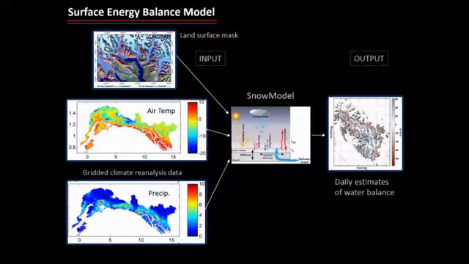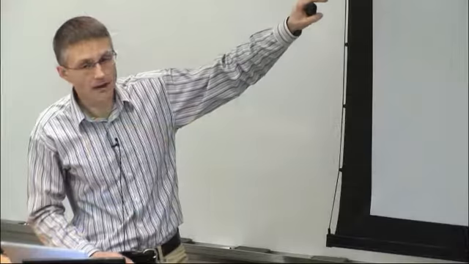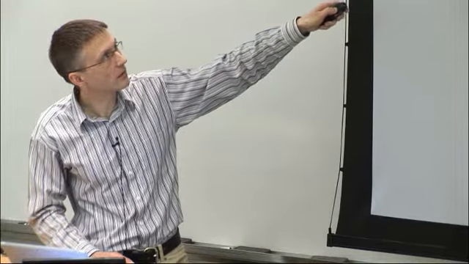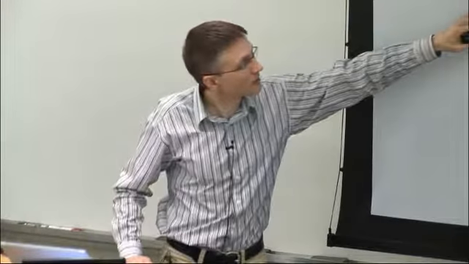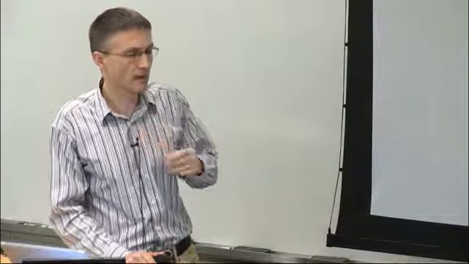So here's a picture of how that sort of works. The input to the model will be things like a land cover mask, and that's where we go back to knowing where the glaciers are located with those polygons. These are examples of the gridded climate products. We're using reanalysis data. Are you familiar with reanalysis?